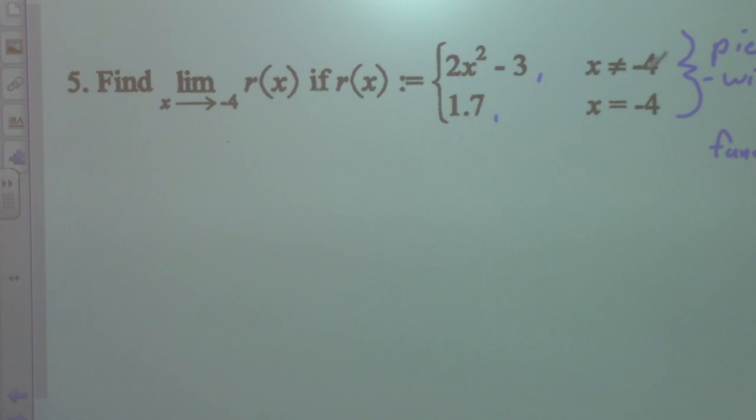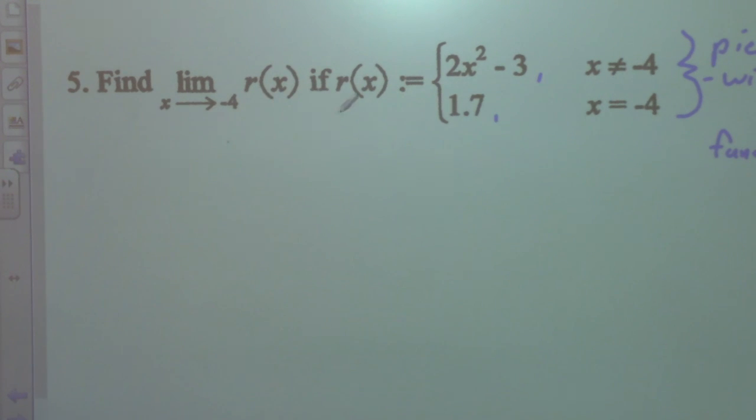So the top part applies to everything that is not negative 4, and the bottom part applies when x exactly equals negative 4. To find the limit, where are we going to try to substitute in negative 4?